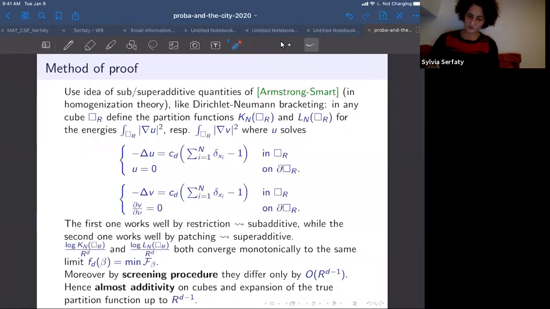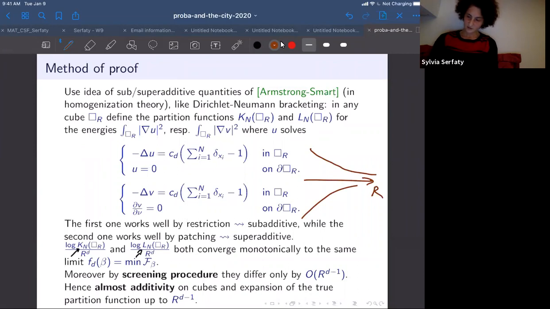Okay, so we have these two quantities, one subadditive, one superadditive. We can define the partition functions that are associated with this energy for each given beta, so we call them Kn, that's for the Neumann one, and Ln for the Dirichlet one, roughly. You can divide by the volume, and because of the sub-superadditivity property, what you find is that the log Kn over R^d is behaving like that as R goes to infinity, so this is R. And the log Ln over R^d is behaving like that.